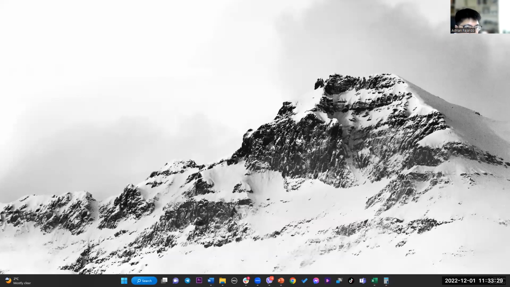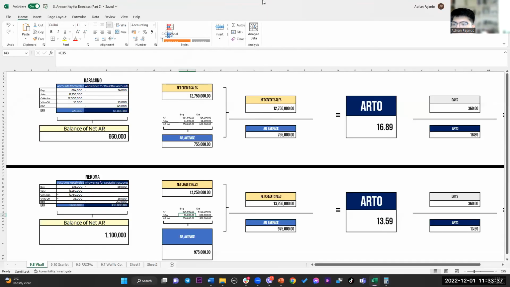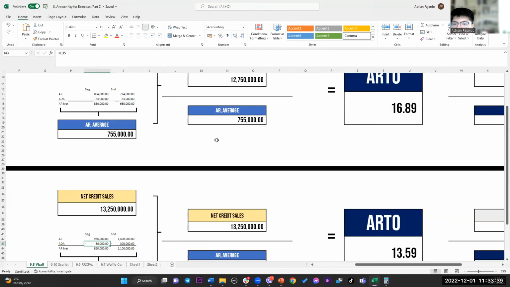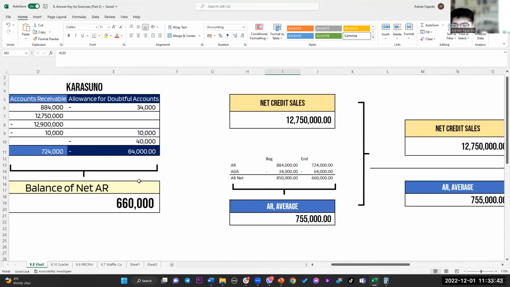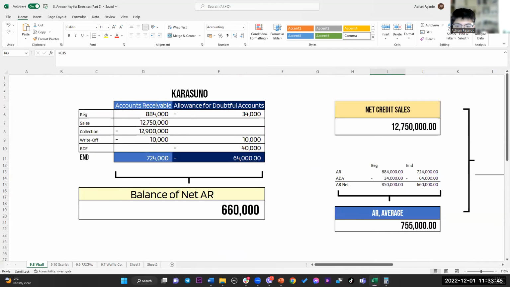So with that said, we're done with the three. And then the last would be yung Karasuno, right? And for Karasuno, honestly, it's just very straightforward na. So si Karasuno, had a bunch of things that were provided for you.